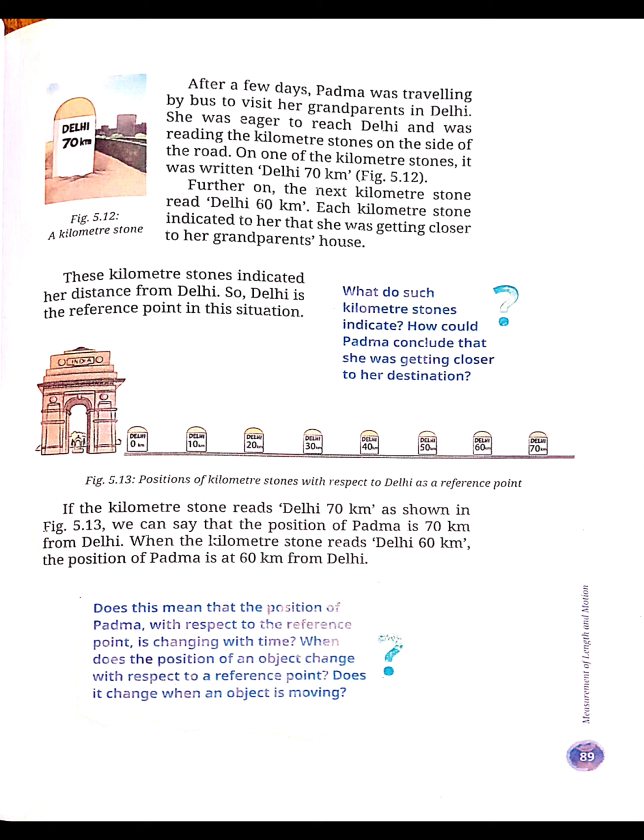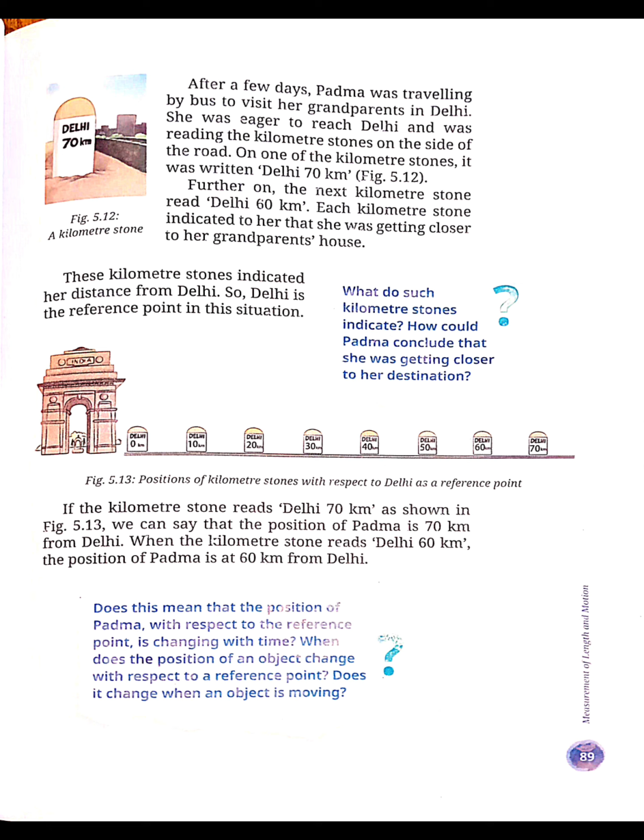After a few days, Padma was traveling by bus to visit her grandparents in Delhi. She was eager to reach Delhi and was reading kilometer stones on the side of the road. On one of the kilometer stones, it was written Delhi 70 km, figure 5.12. Further, the next kilometer stone read Delhi 60 km.